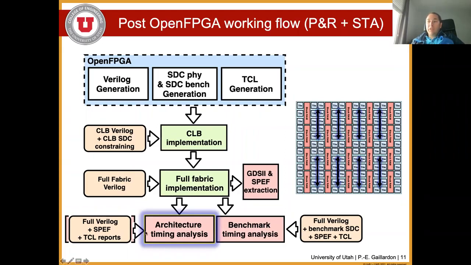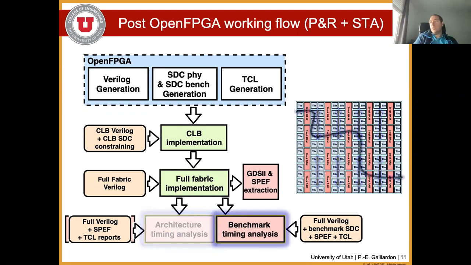On the architecture timing analysis, we have a bunch of SDC constraints that will just evaluate the performance of all the similar segments within the fabric. So you can come up with a Gaussian distribution of where you stand, at various corners for your fabric, so slow-slow, fast-fast, temperature corners and so on. So you can understand the intrinsic performance of your fabric. That's one thing we do to guarantee that the fabric is high performance.